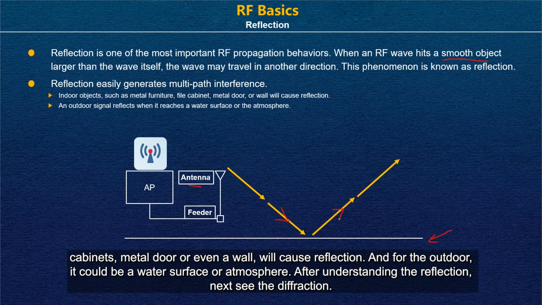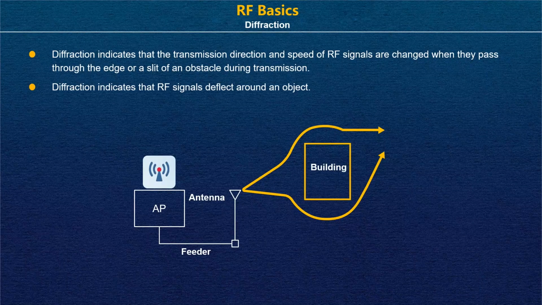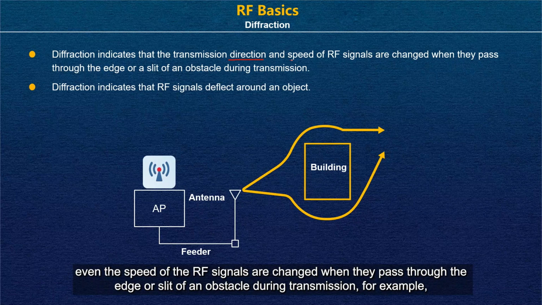Okay, after understanding reflection, next, let's see diffraction. Diffraction indicates that the transmission direction and the speed change. So not just the direction, even the speed of the RF signals is changed when they pass through the edge or a split of an obstacle during transmission.